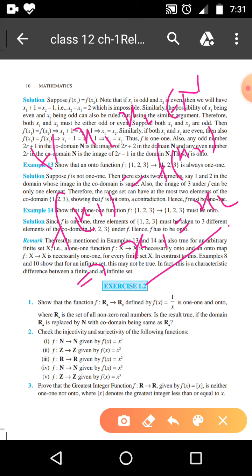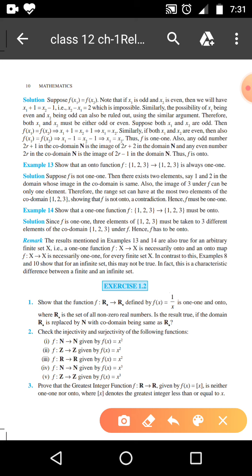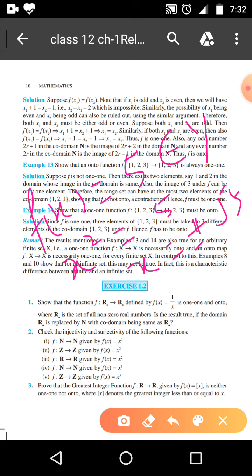Why? Because if we consider f(x) equal to, suppose, 5, and this belongs to the codomain, but f(x) is equal to x square, and x square is equal to 5, so x is equal to plus minus root 5, which is not in N. Hence the given function is not onto.